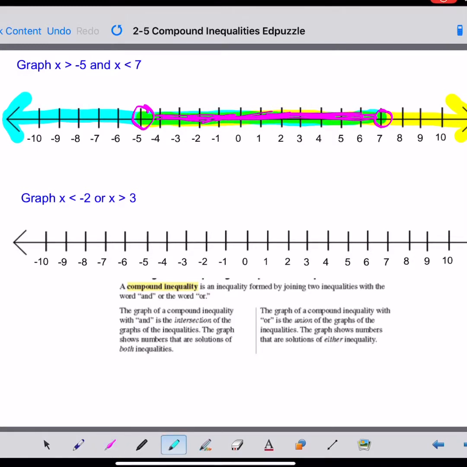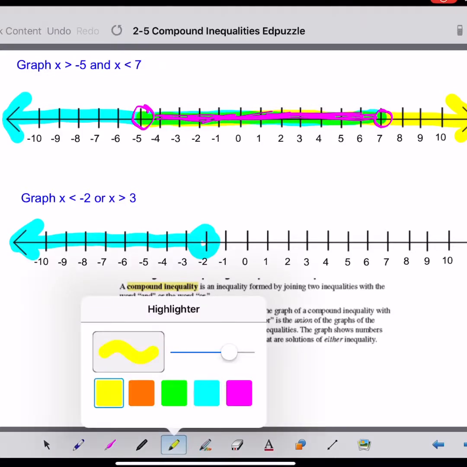If I am graphing or statements, so graph x is less than -2 or x is greater than 3, in order to be a solution, I only need to meet the requirements of 1. So if x is less than -2, I am going to the left to represent all numbers less than.